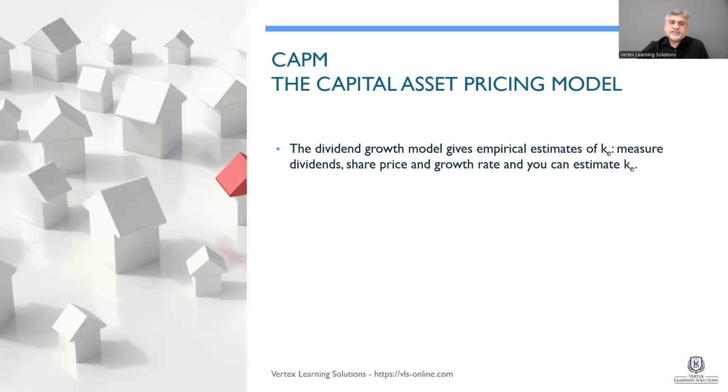Now it says that it does not explain why Ke is different for different companies. First of all, Ke is the return expected by the providers of equity finance, which means the shareholders. How much return do they expect from a company? And then the question is, why do they expect a different return from different companies?